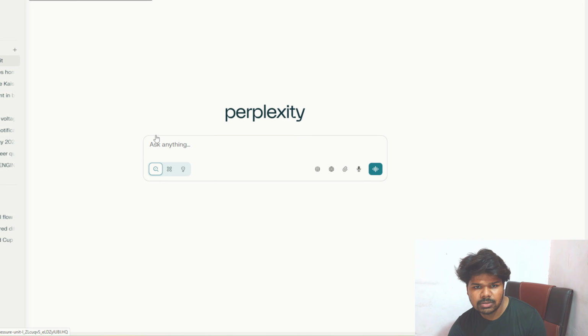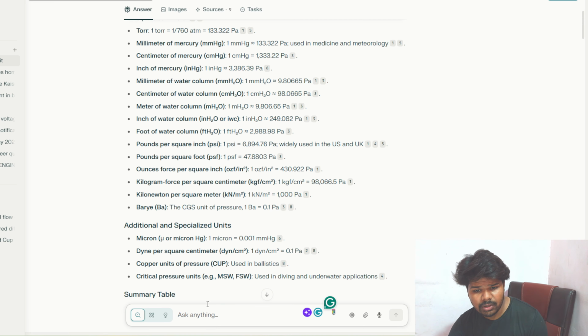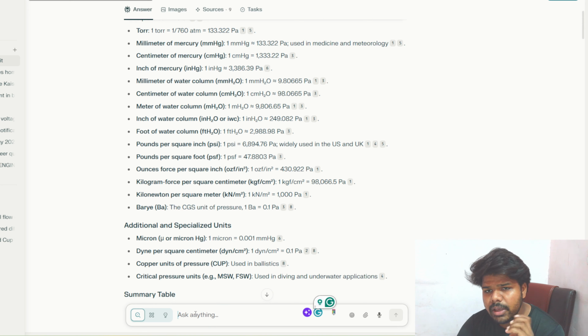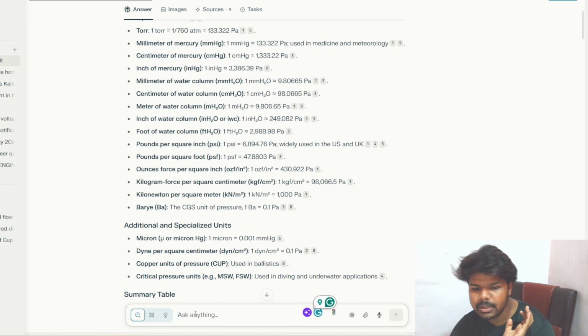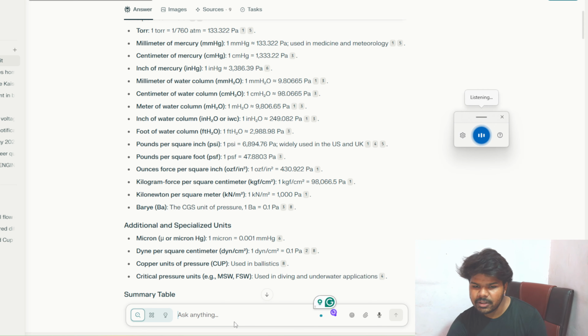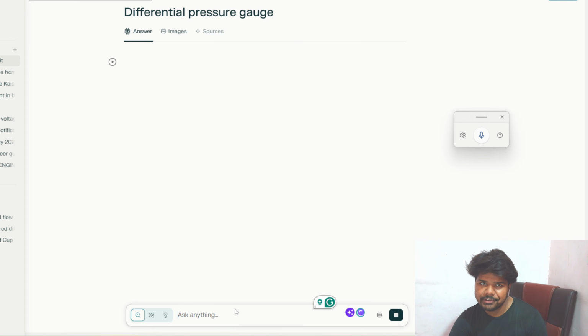And generally, suppose we have to see the DP, differential pressure. Suppose we have to see the differential pressure gauge.